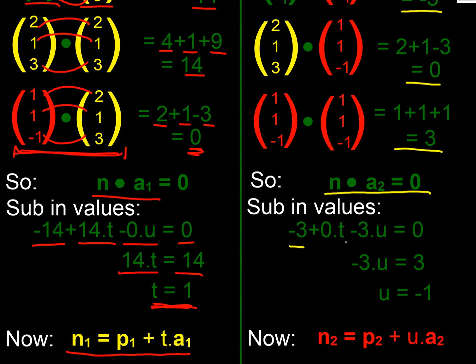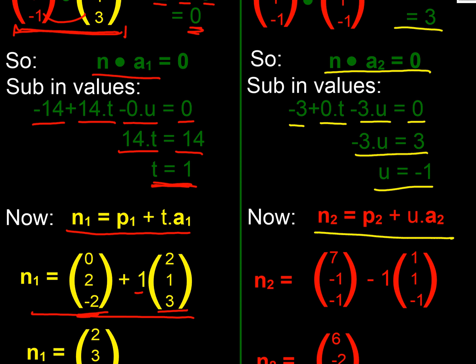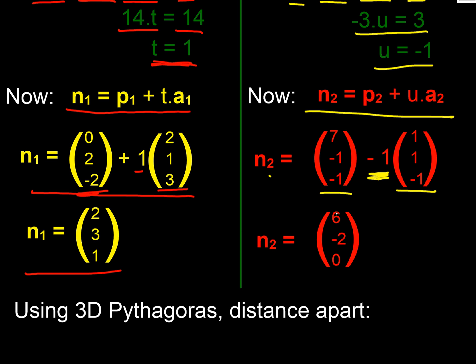There's my minus 3 plus 0 lots of t minus 3 lots of u equals 0, and if we tidy that up, we end up with u equals minus 1. So our parameter on the red line is minus 1. Substitute that into the line equation, and there it is. There's our minus 1 going in there into the line equation. There's our two vectors, our point vector and our line vector, and we end up with our second point, which is that n2 is 6, minus 2, 0.